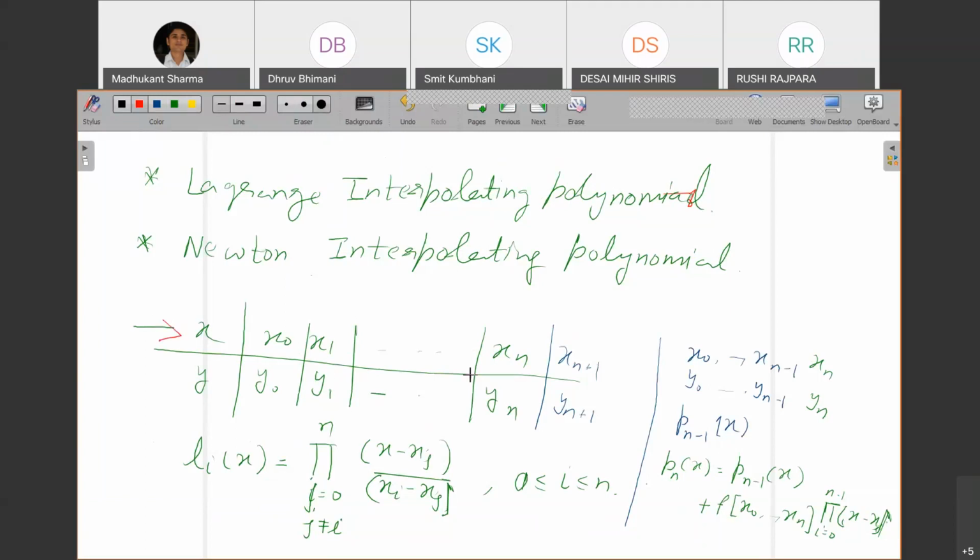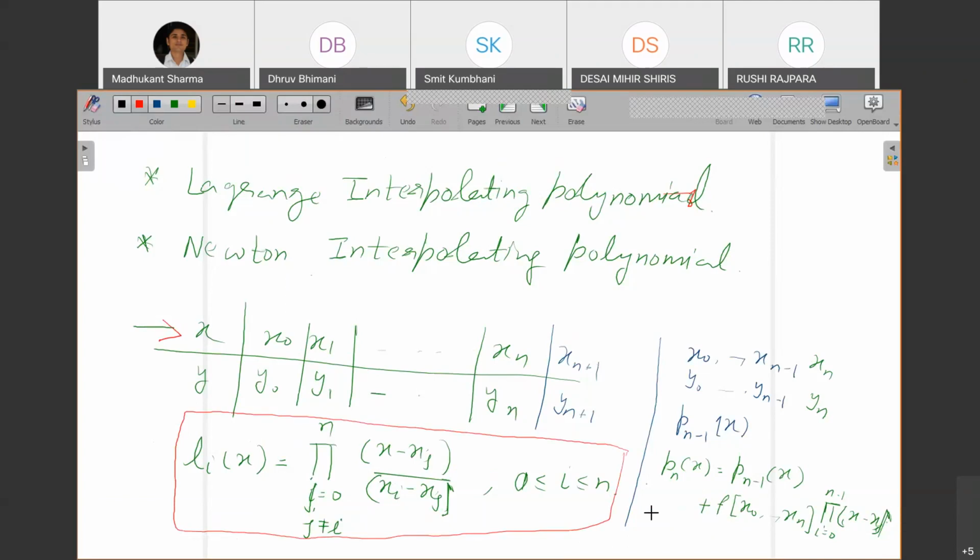so x0, x1, x2, up to xn, meaning at these times, say 0 to 30 seconds, we are noting down the different elements. Once you have obtained the cardinal functions, you are not going to derive anything additionally. That is now fixed.